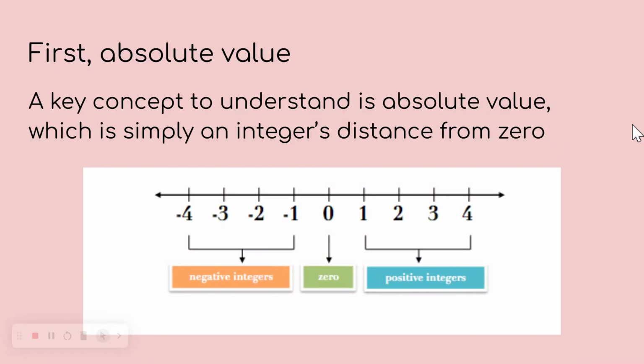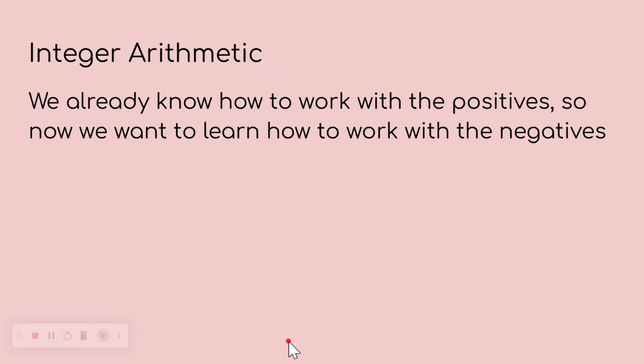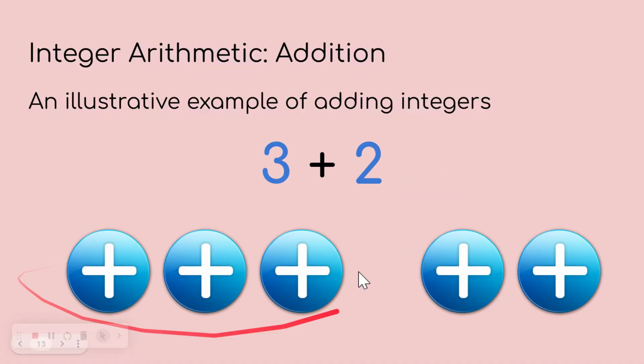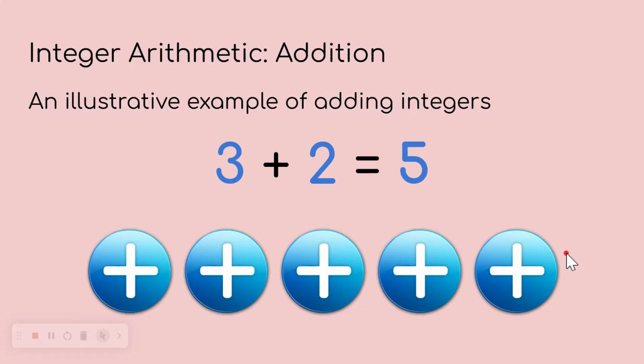Okay, so again, we want to think of this number line structure, positive numbers going to the right or up, negative numbers going to the left or down. I think one helpful illustrative example is to think about the numbers like charges, right? So this is +1, this is -1. So if I have +3 plus +2, that's obviously just 5.